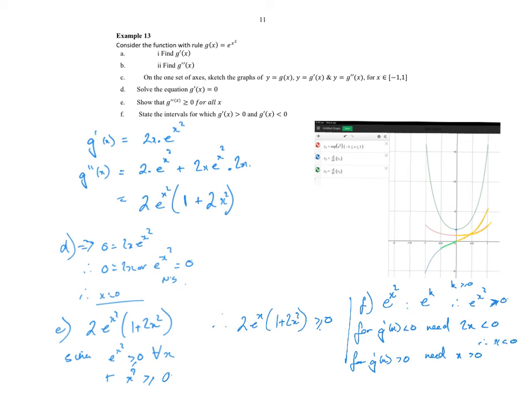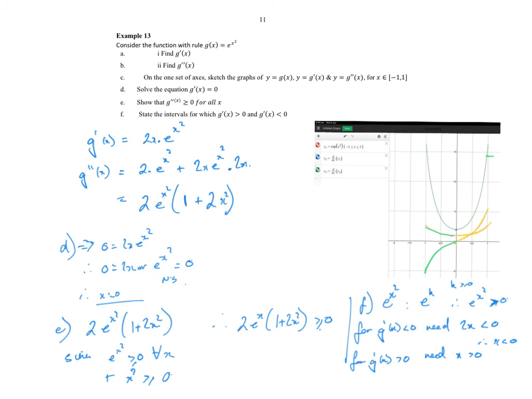The derivative here is less than 0, which corresponds to the green section of that derivative. And in here, the green line is my second derivative, and it's greater than 0 the whole time, which suggests to me then that the function is concave up the whole time, which is what we get there from the other graph.